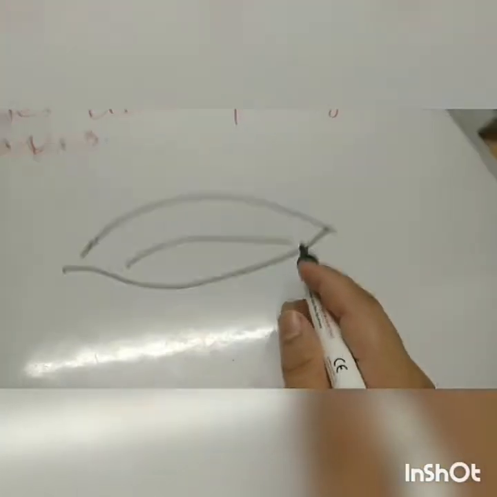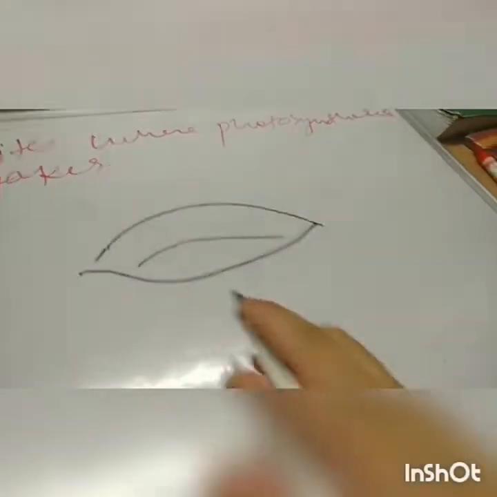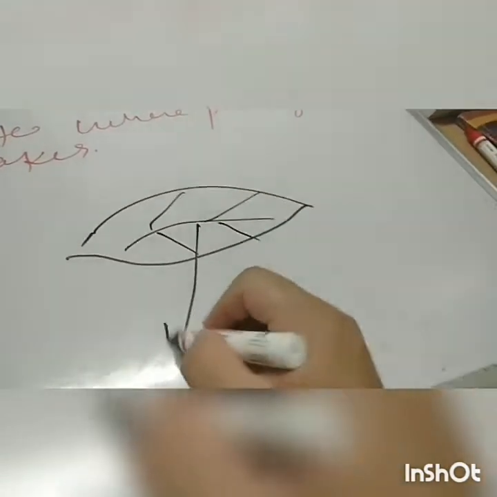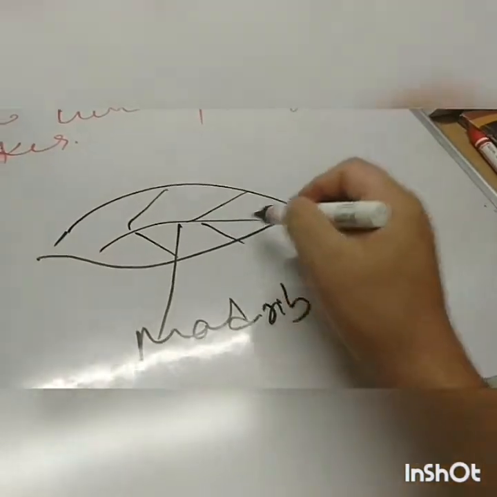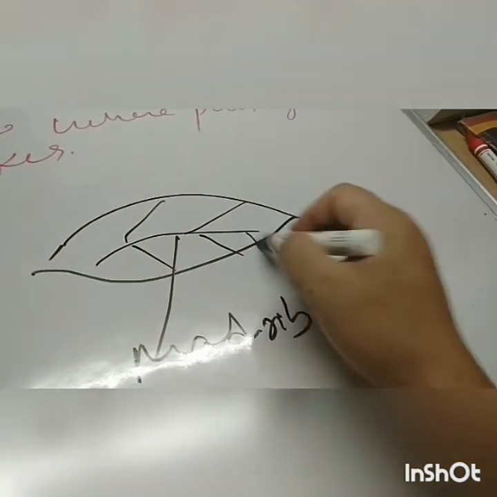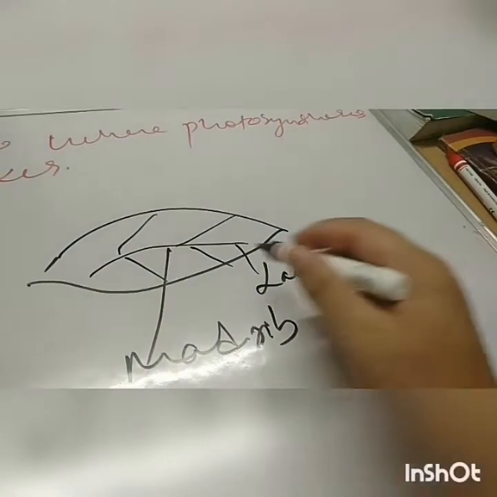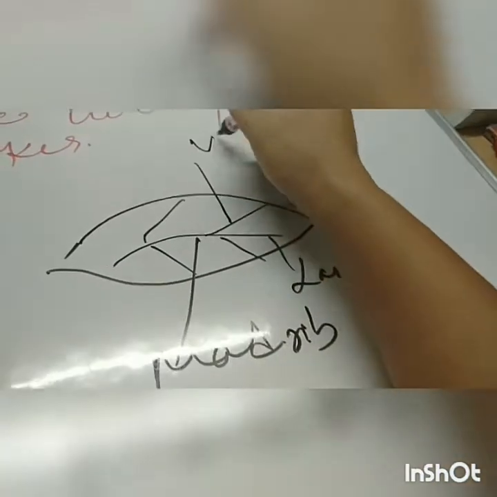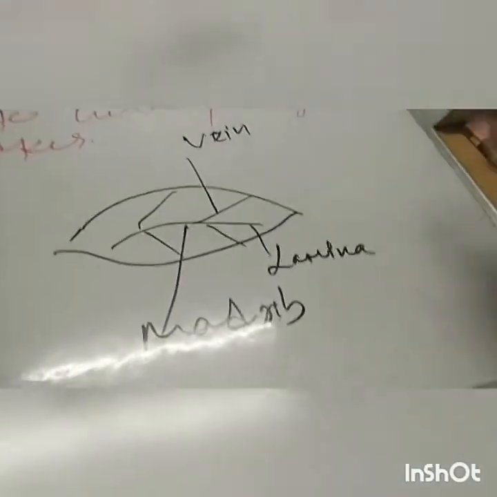This is the midrib, the lamina or leaf blade, and the vein. And here there is a chloroplast.